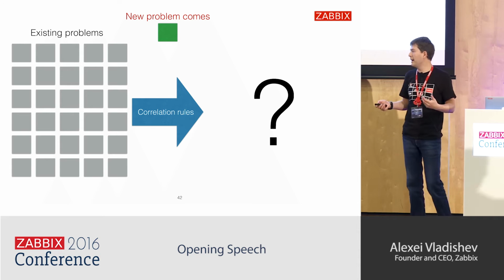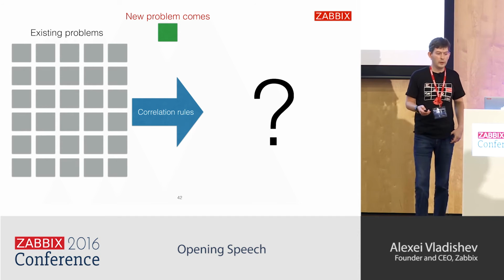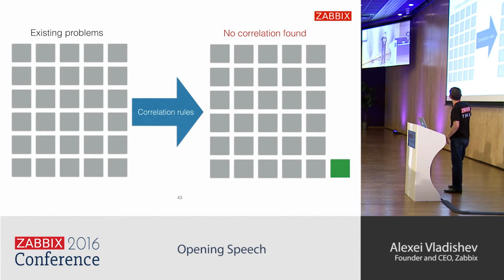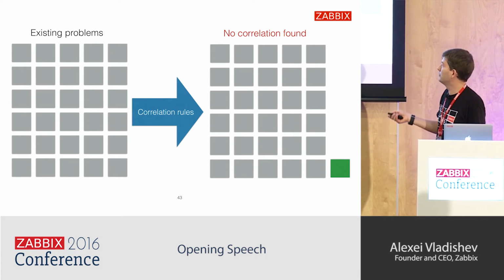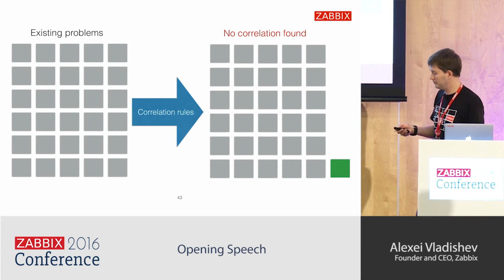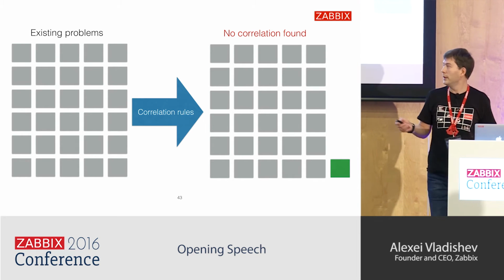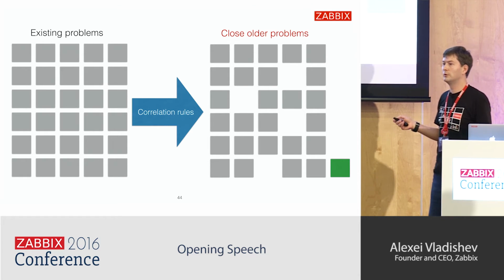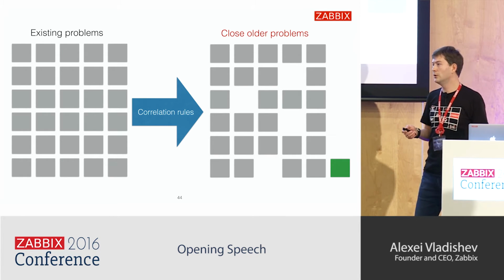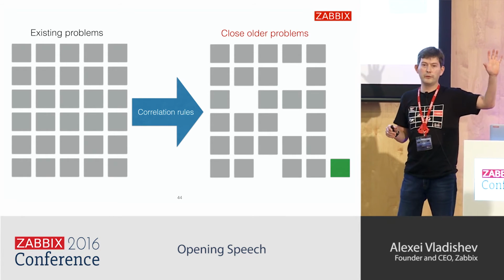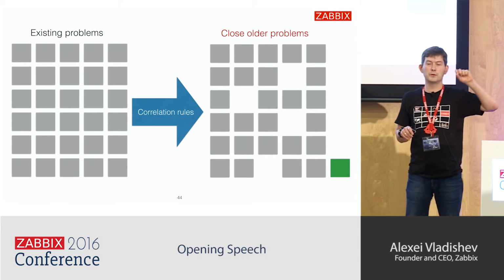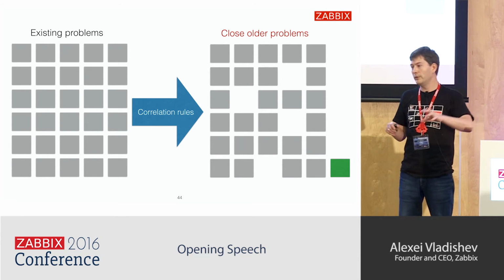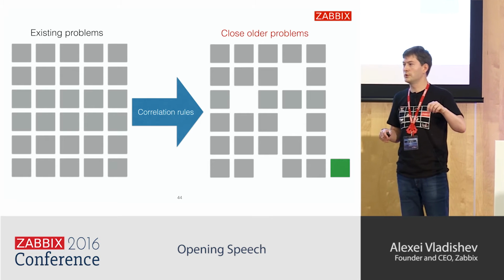And what may happen? Okay, if it doesn't match any correlation rules, there will be another problem basically. One problem and we've got another problem. If we have some matches with the older problems, we may close those older problems. Say we already got some critical issues for some service, and we've got another critical issue for this service.